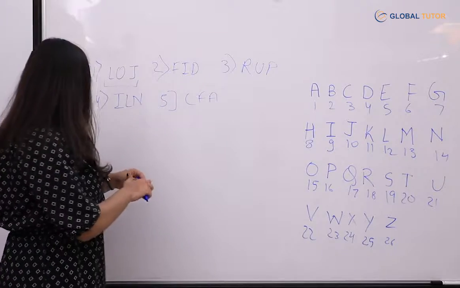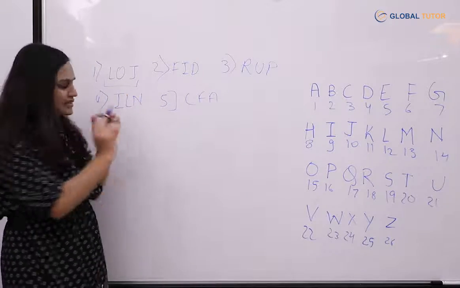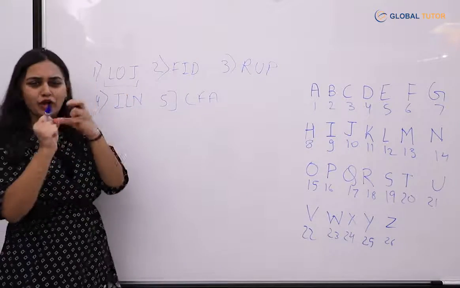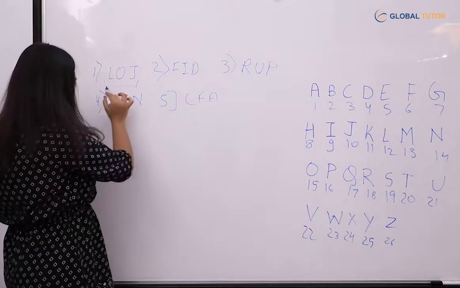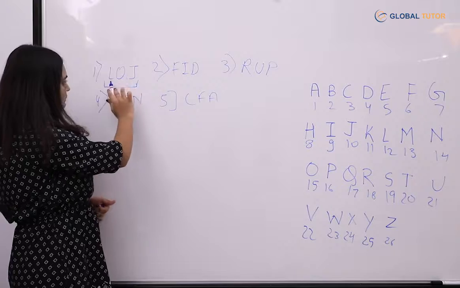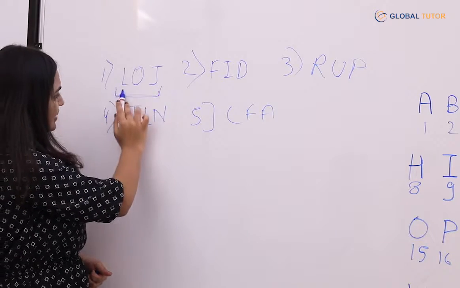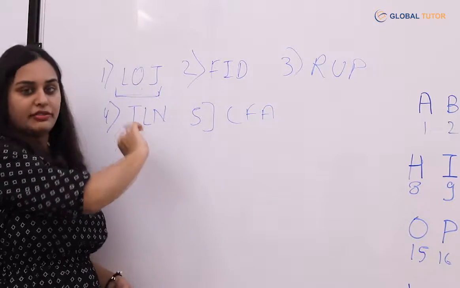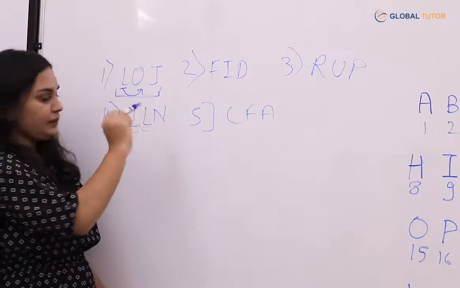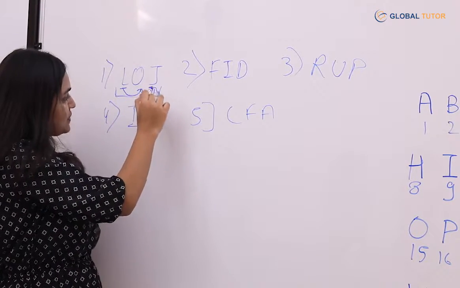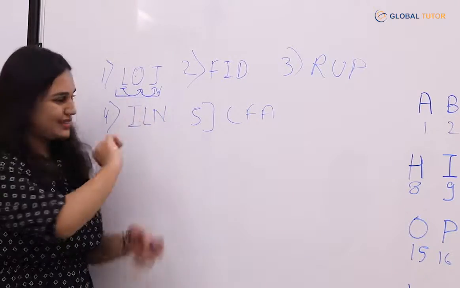Whenever you have 3 different letters, you always see whether the letters come before or after each other. So you've got L, O comes after L, and J comes before O and L.